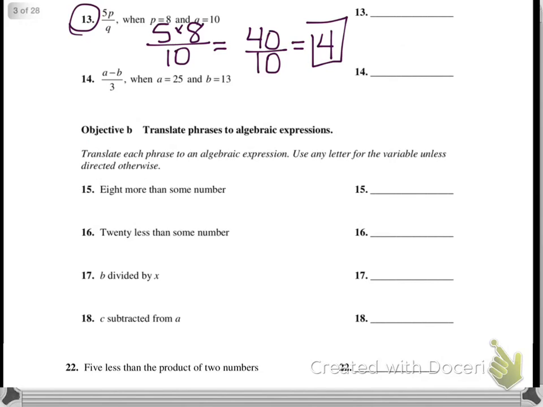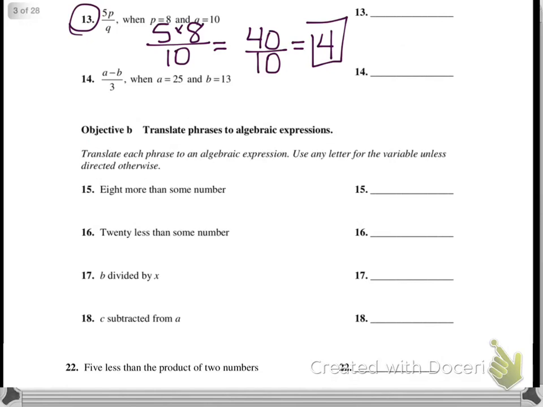Now let's do some translating. So we'll just set these up. There's not going to be any solving. We're just going to be translating strictly from the English into math. So variables and either a plus or minus or multiplication or a division sign, or maybe more than one.